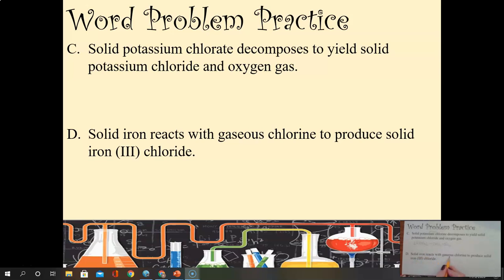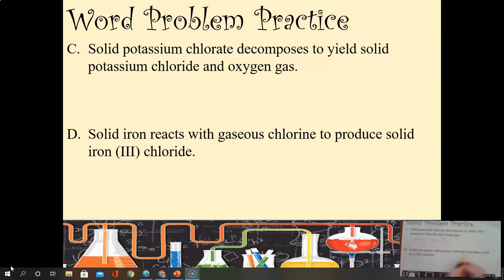Solid iron reacts with gaseous chlorine to produce solid iron 3 chloride. So my solid iron right here, solid iron is just Fe. And I'm going to put a phase symbol right there for solid. It reacts with, so there's my plus, gaseous chlorine. Remember, chlorine is a Brinkelhoff atom, so it gets a subscript of 2.